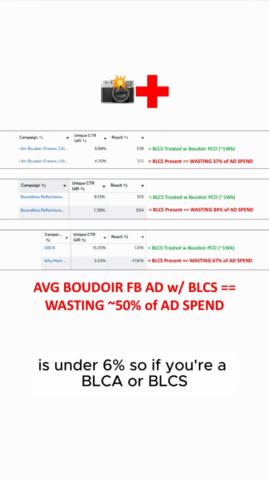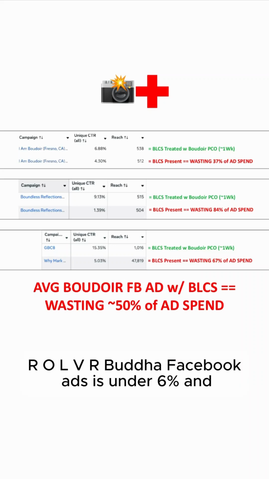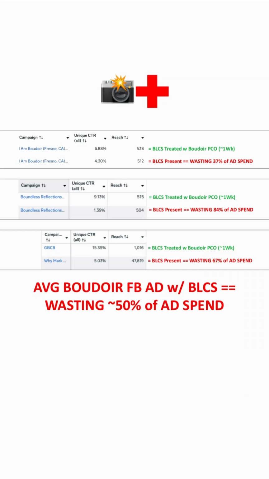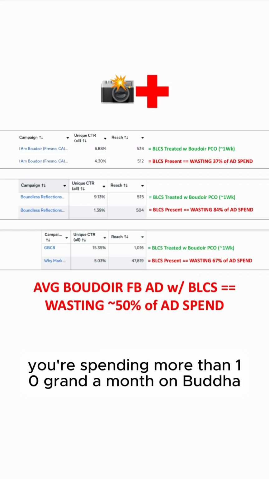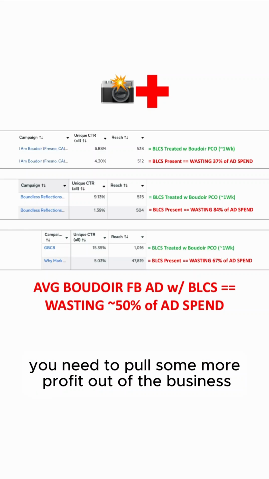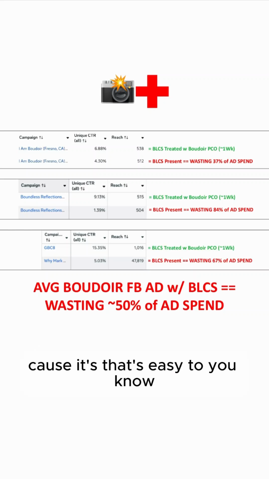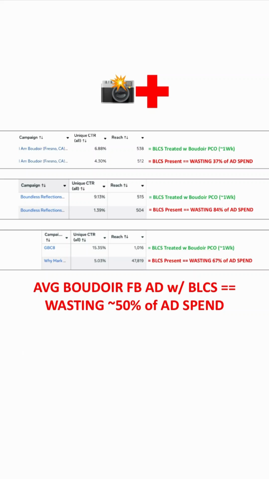So if you're a BLCA with BLCS, a boudoir low click advertiser with boudoir low click syndrome, the unique CTR of your boudoir Facebook ads is under 6%, and you're spending more than 10 grand a month on boudoir Facebook ads, and you decide you need to pull some more profit out of the business, you've optimized other parts, now you're ready to plug the leaking holes in the Facebook ad strategy, because that's easy to do, just eliminate the waste, and you actually want to keep more money in your pocket.